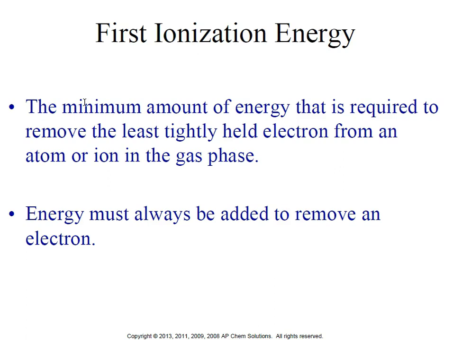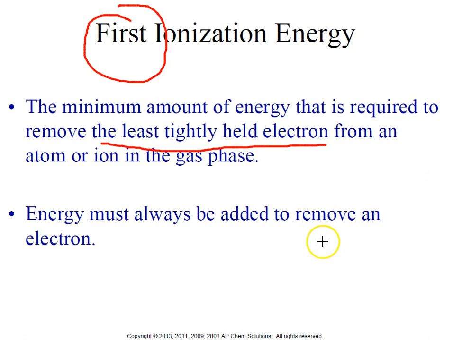For the first ionization energy, which is what we're talking about on this slide, we're removing the least tightly held electron. This always takes energy, so these values for ionization energy are always positive to indicate that energy is being put in to make this happen.